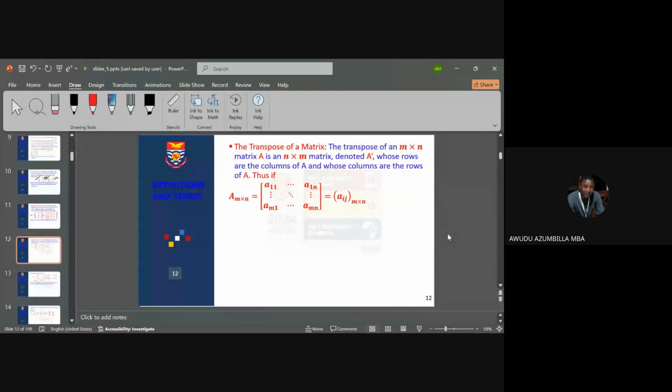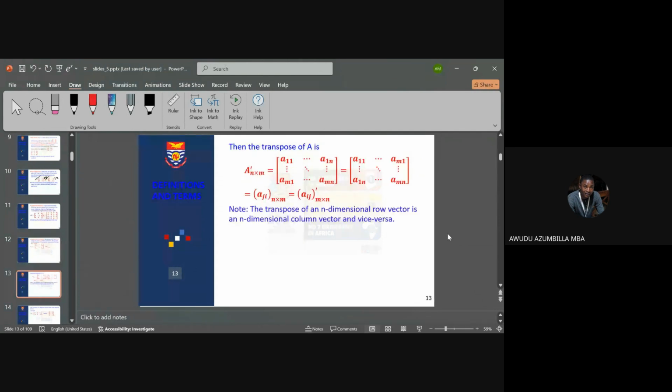Now let's move on to the transpose of a matrix. When we say the transpose of a matrix, it is a process that involves exchanging rows to columns and columns to rows. So if you have a matrix, we can always take the transpose of that matrix by exchanging the rows to columns and columns to rows.